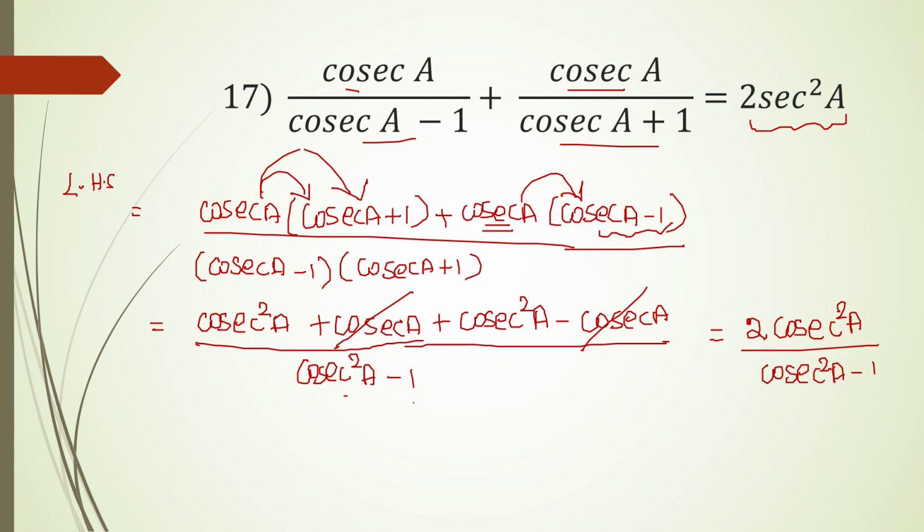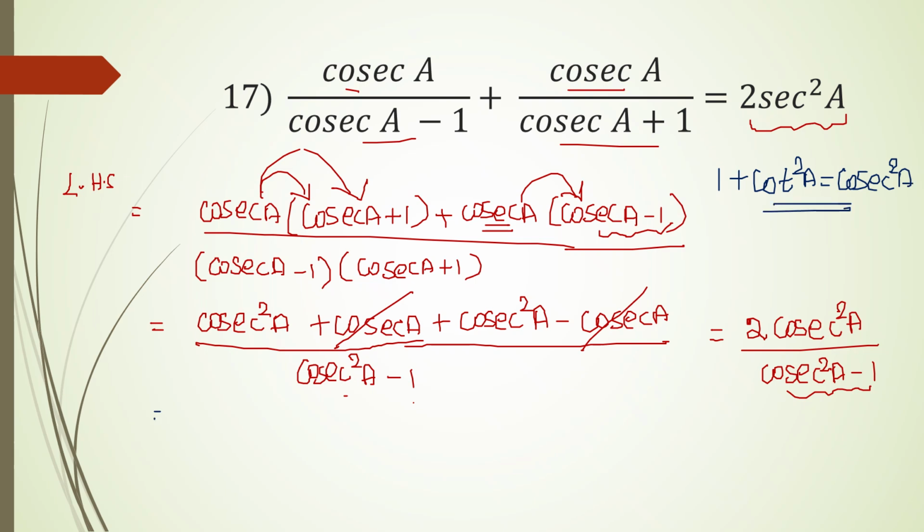This is divided by cosecant square A minus 1. In the denominator, we have an identity: 1 plus cot square A equals cosecant square A. We are going to use this identity in the denominator.